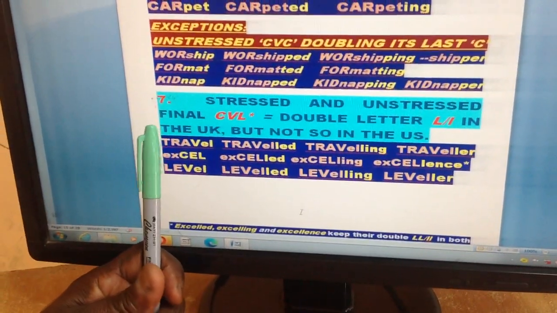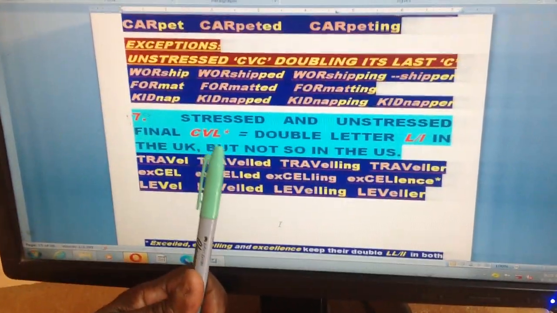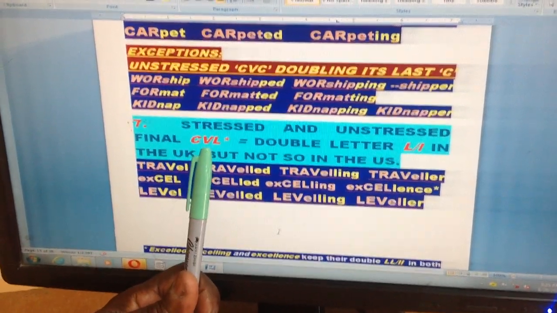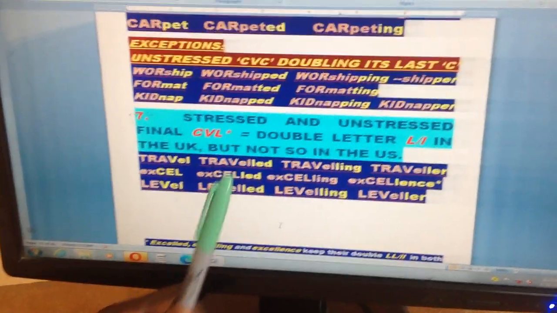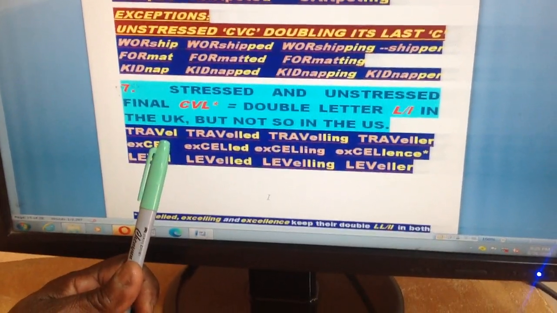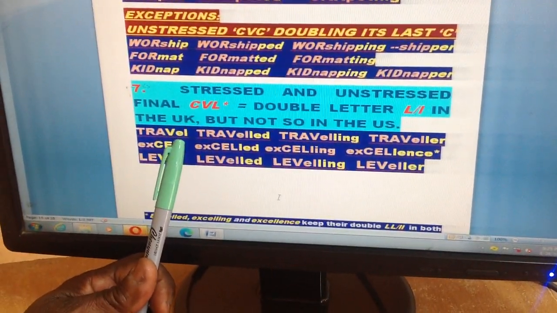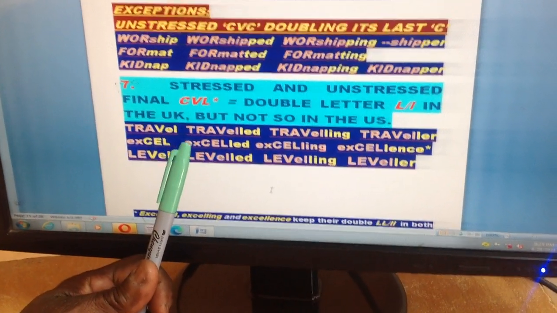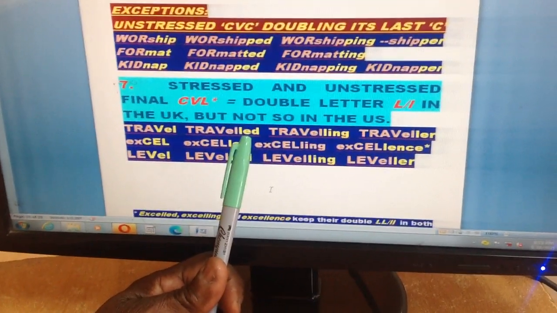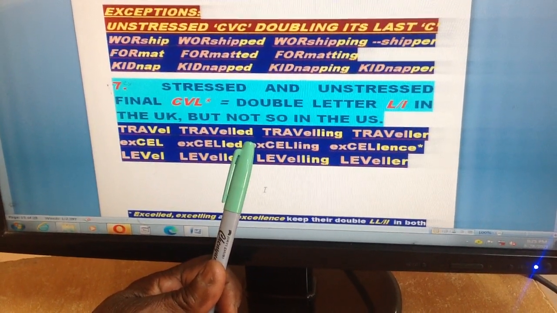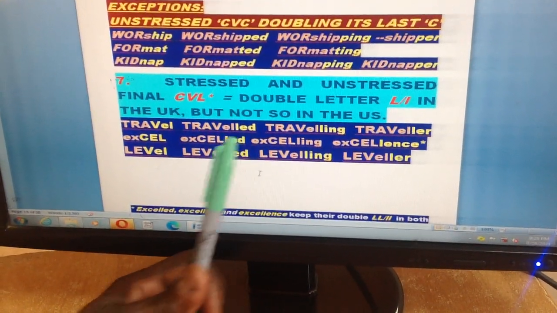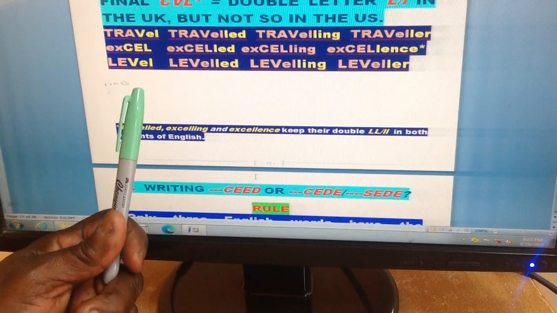Spelling tip number 7. This now is CVL, any consonant, any vowel, and consonant L, only L, like in this one. If the last 3 letters are consonant, vowel, and letter L, we normally double the L in British spelling, but we don't in the States, in American spelling, except for excel.